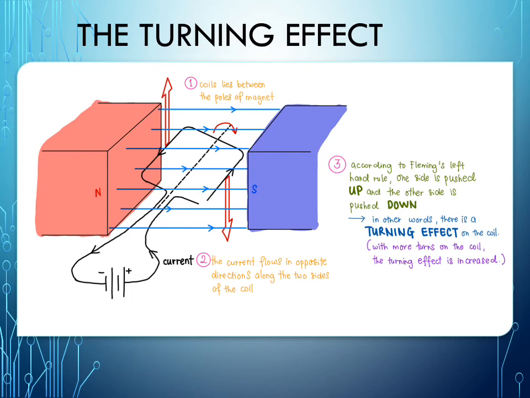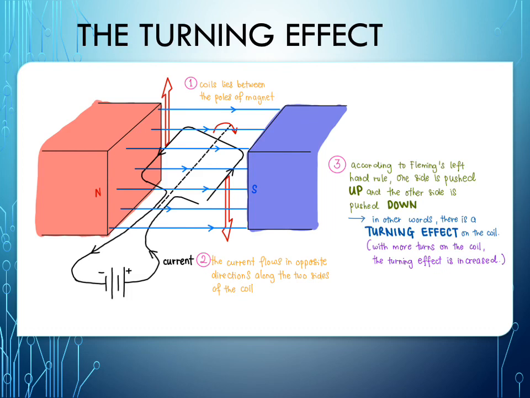Adalah untuk turning effect. Okay, so macam mana dia boleh turnkan the coil? So first, the coil must lie between the poles of a magnet. Okay, the second one, the current flows in opposite direction along the two sides of the coil.